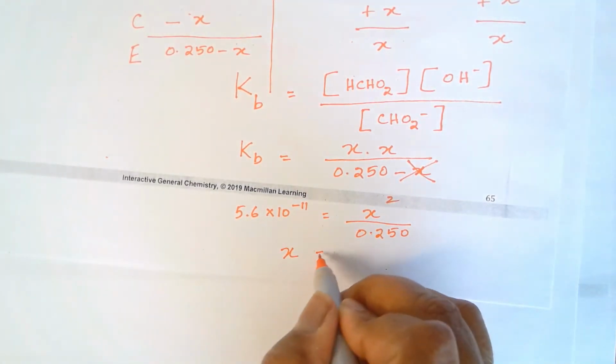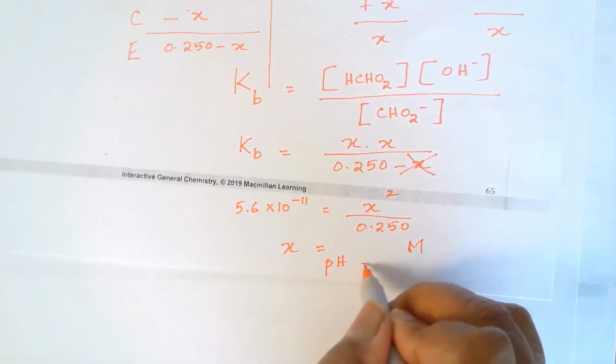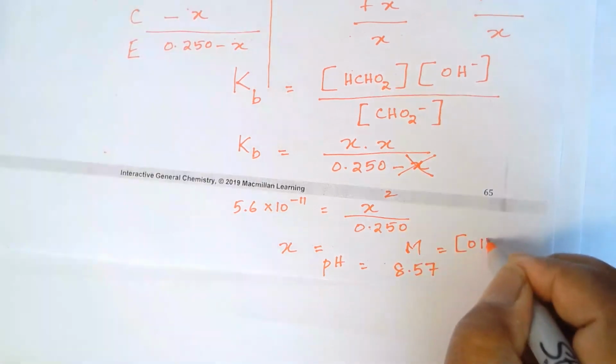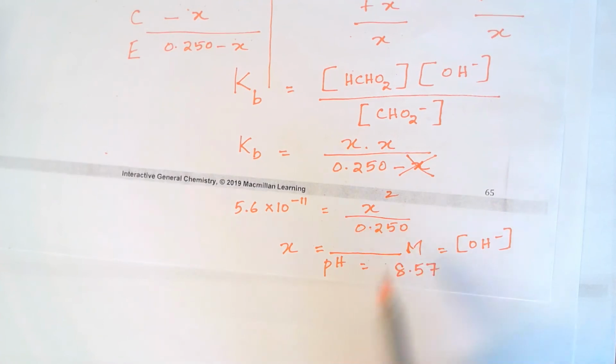I want you to find x. And remember, that gives you OH minus. And the pH is 8.57. Remember, this gives you OH minus. So do the calculation, find x, and then get pH. The answer should be 8.57. Okay. I'm going to pause here, otherwise it gets to be a very long video.